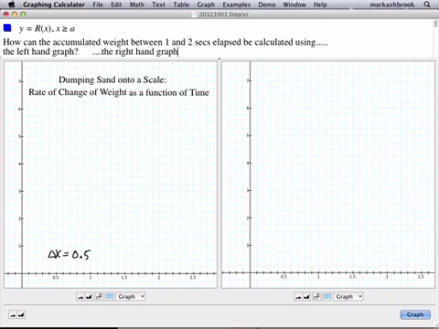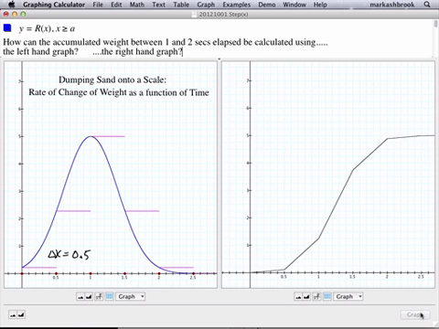This was a very important question, so you can work on that again. Starting at 1 second and ending at 2 seconds elapsed, so from here to here, how could we use this version of the situation to calculate the accumulated weight of sand, and how could we use this over here to find the accumulated weight of the sand? Go.